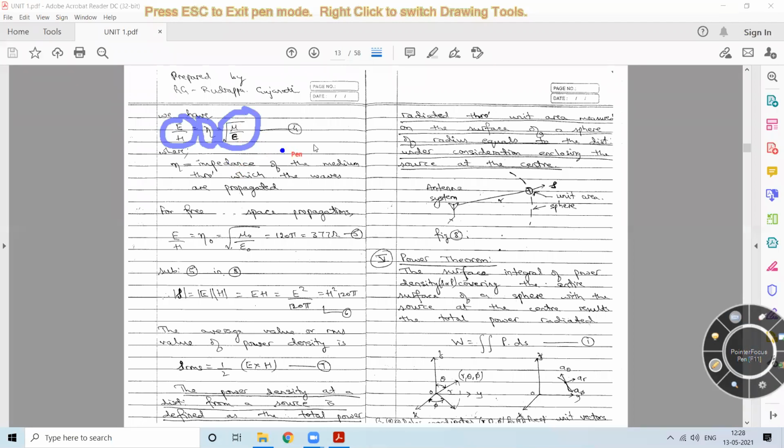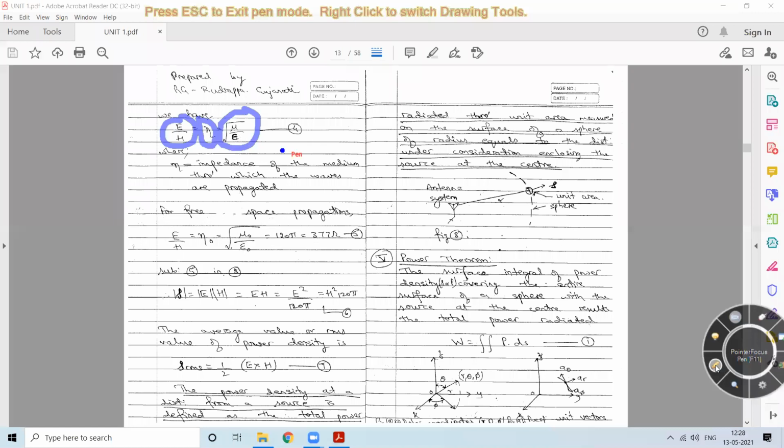If you consider that the electric and magnetic fields are traveling through vacuum, that is in free space, these turn out to be the square root of mu naught divided by epsilon naught, which turns out to be 120 pi or 377 ohm. This is the intrinsic impedance of free space.